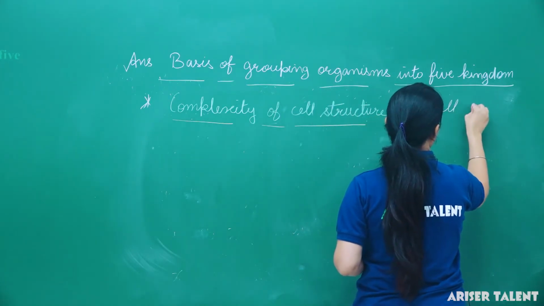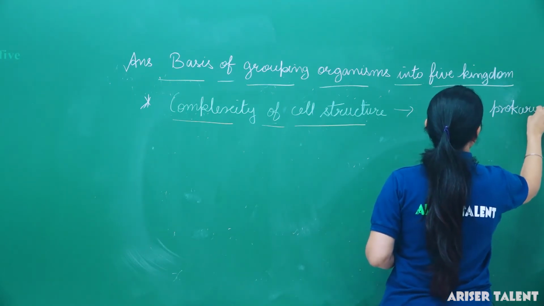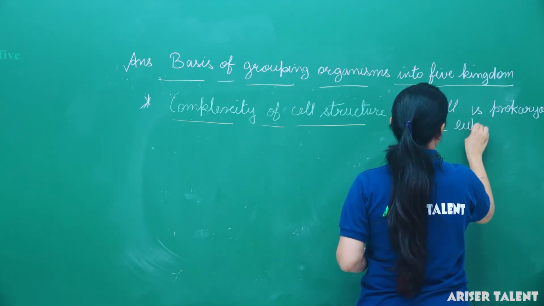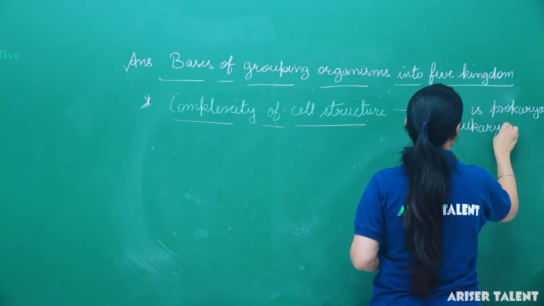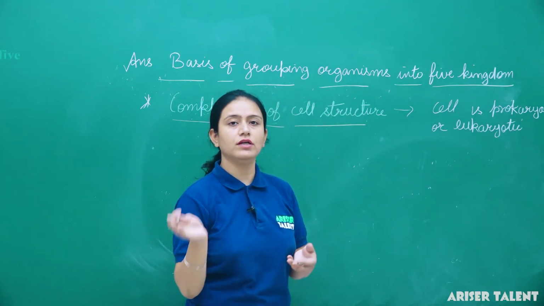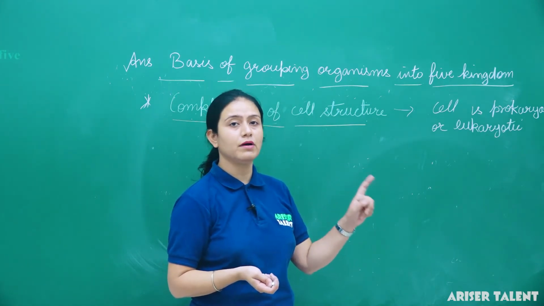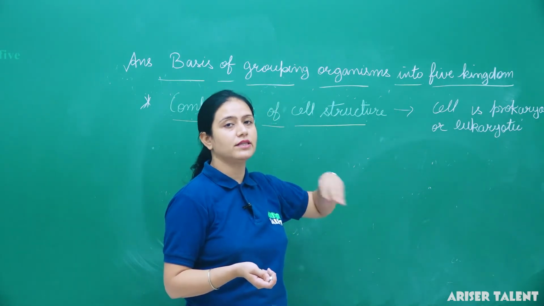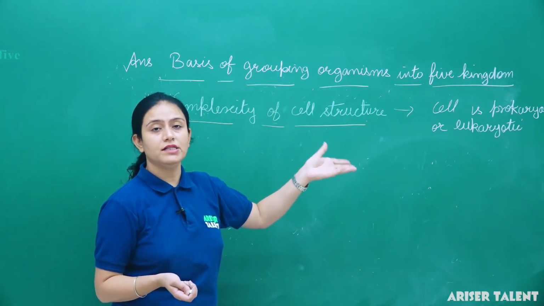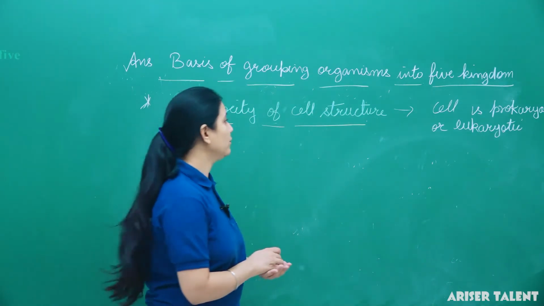If the cell is prokaryotic, meaning the genetic material is not membrane bound, then they are known as prokaryotes and were kept in a different group. And if the cell is eukaryotic, meaning the genetic material is membrane bound, then they were kept in a different group.